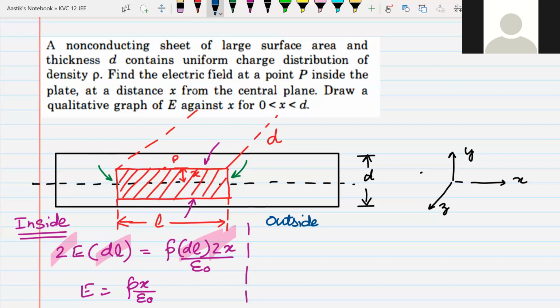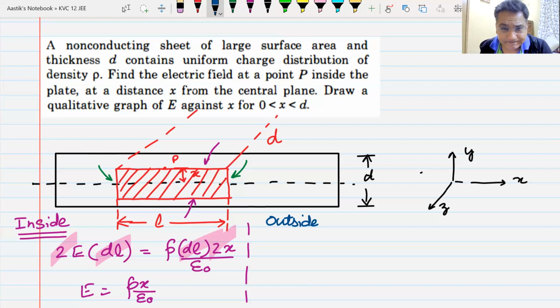Do we have an answer to the outside points? Or shall I do it? For the outside points, what will be the difference? I'll again create a Gaussian surface. The only thing is x will be more than d by 2, so it will come outside.